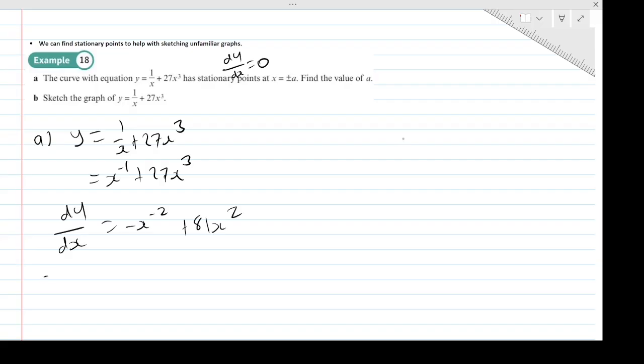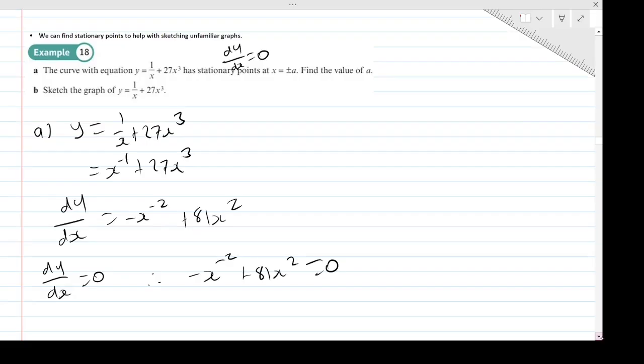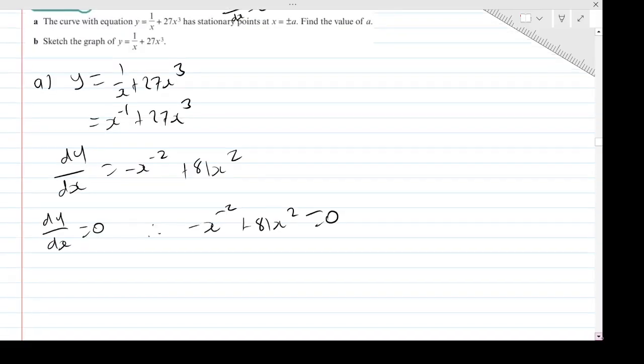Now we need to set this to 0. So dy/dx is 0 for it to be a stationary point. Therefore minus x to the minus 2 add 81x squared equals 0. Now how do we solve this? Well, firstly it will help to convert this back to a fraction. So we have minus 1 over x squared add 81x squared equals 0.